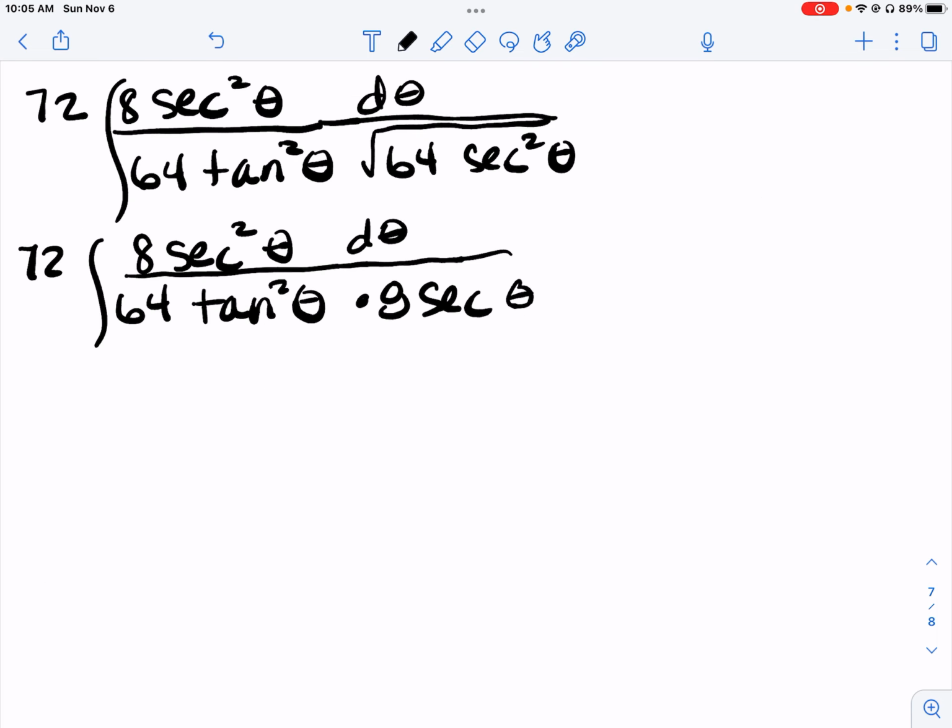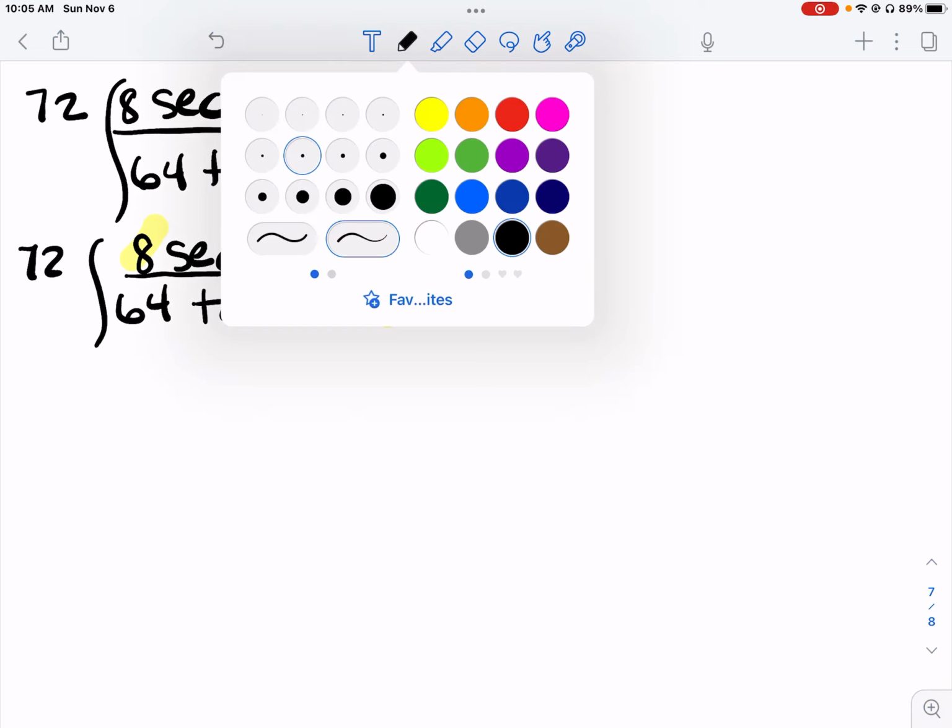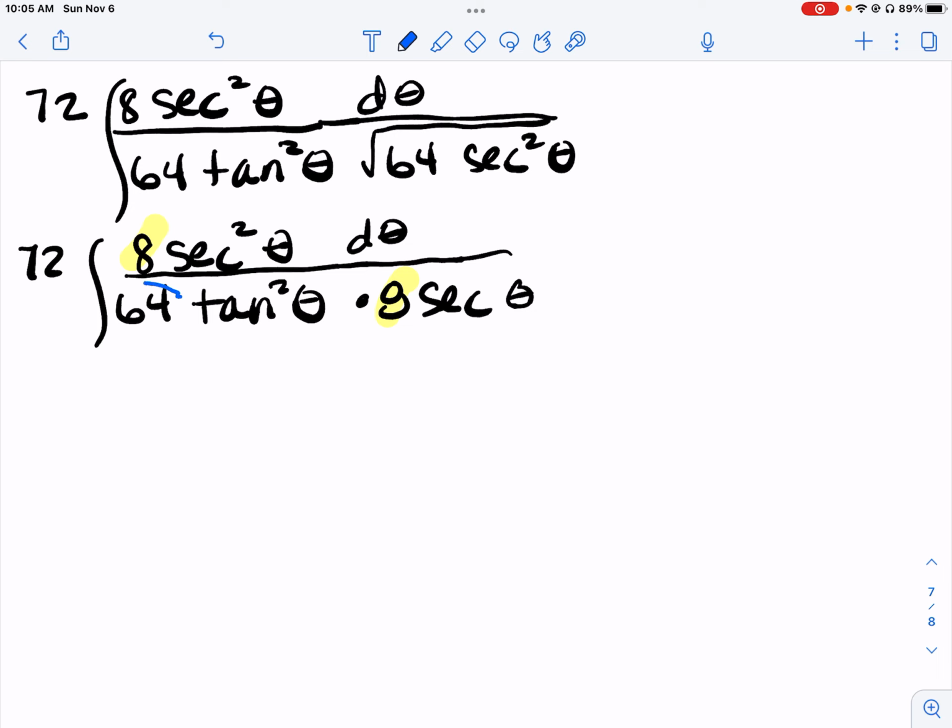Okay, so I'm going to divide this 8 divided by this 8. And I'm also going to take this 64 outside. So 72 over 64.